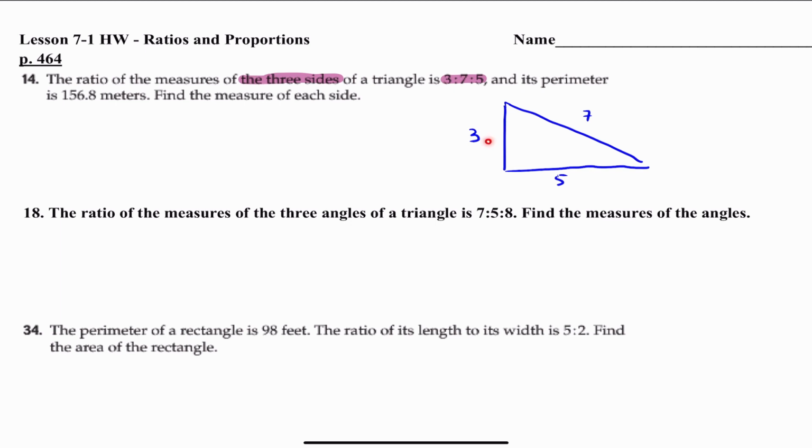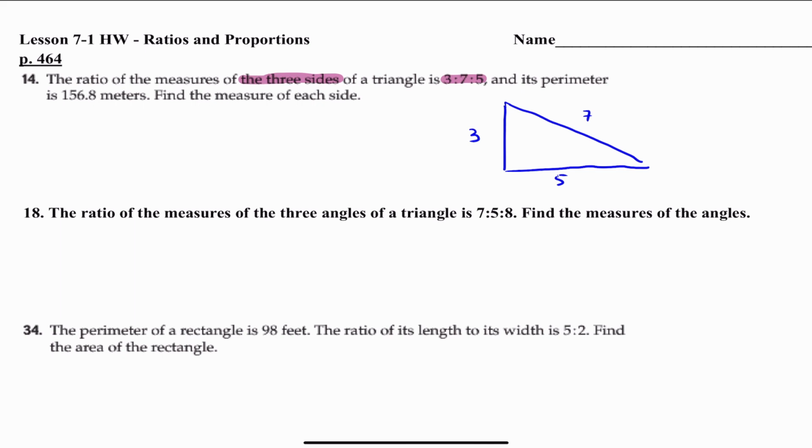Well, if I were to add the sides of the triangle and set that equal to 156.8, well, 3 plus 5 plus 7, that's 15. That's not going to equal 156.8. So I actually need to put something here, here, and here, and set that equal to 156.8, right?